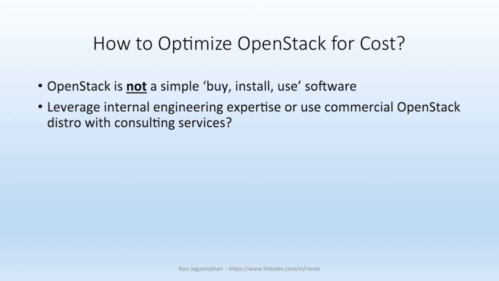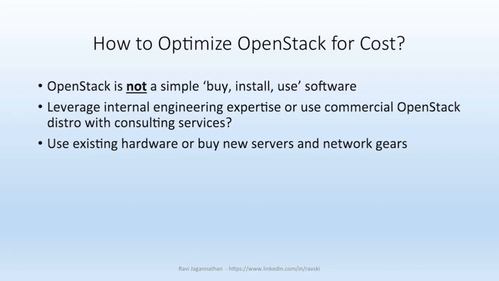So optimizing OpenStack in terms of cost itself is something one needs to pay attention to. When you are going to OpenStack, are you going to use the existing hardware, or do you need to buy new servers and network gear? What if you end up choosing some kind of network overlay, and your old gear doesn't support it, like VXLAN?